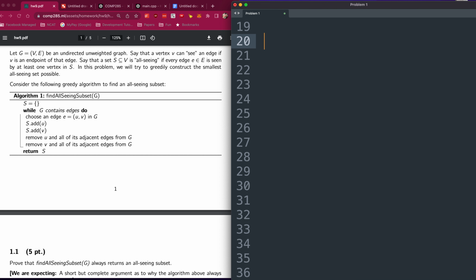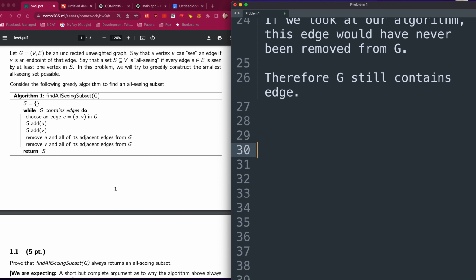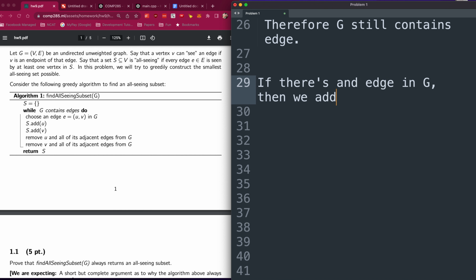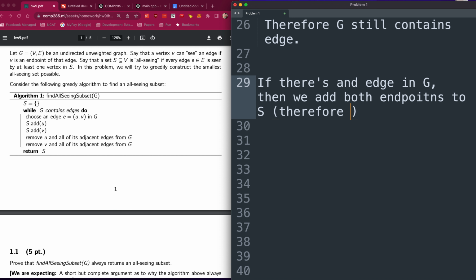Okay. Another way that you can argue this is you can just try to do a more straightforward proof, right? So you can say that if there's an edge in G, then we add both endpoints to S. Therefore, that edge is seen, right?